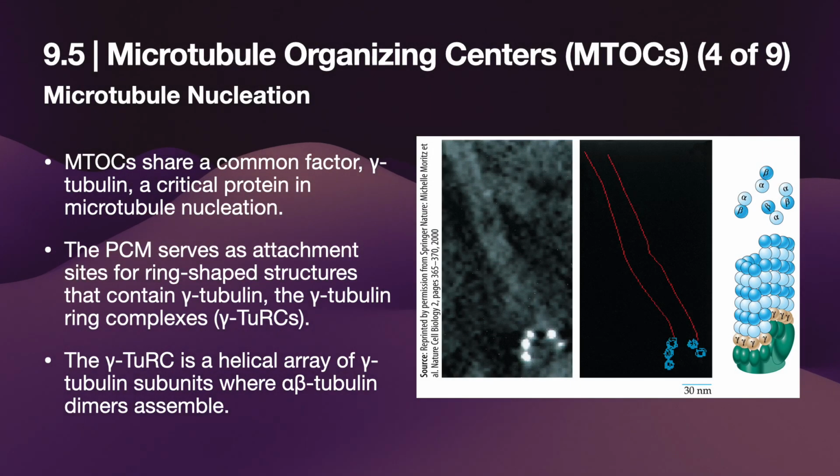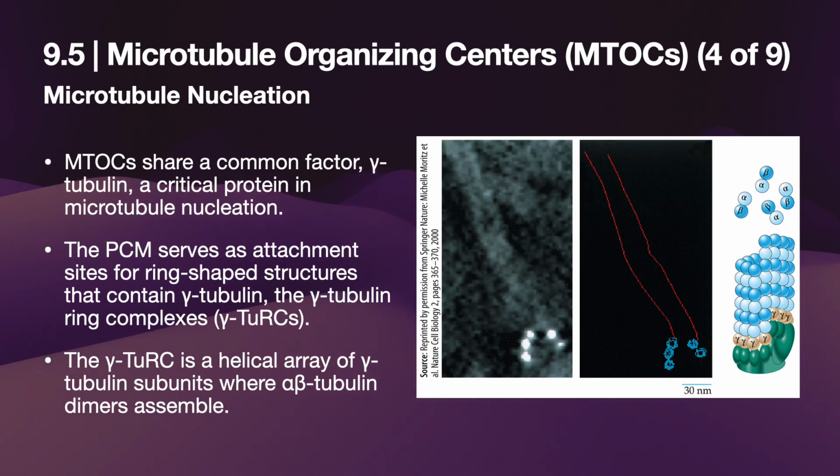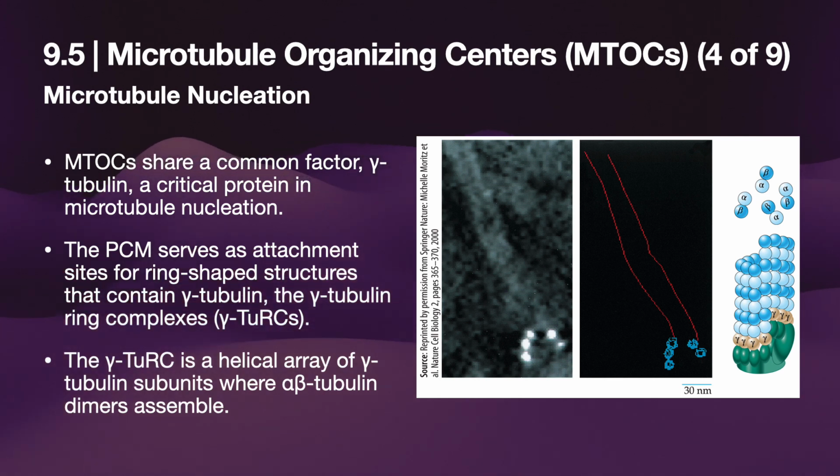What about microtubule nucleation? MTOCs share a common factor, gamma tubulin, which is a critical protein in microtubule nucleation. The PCM serves as attachment sites for ring-shaped structures that contain the gamma tubulin, the gamma tubulin ring complexes.